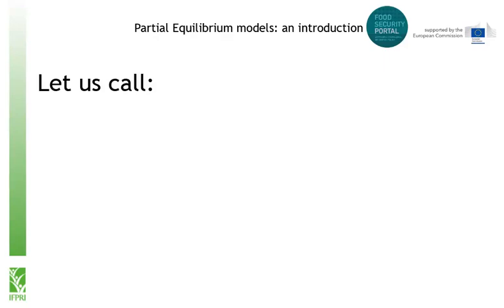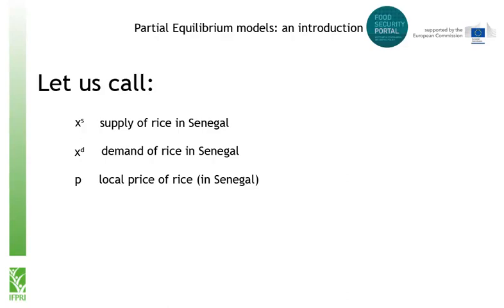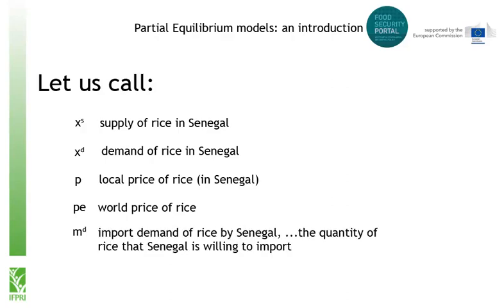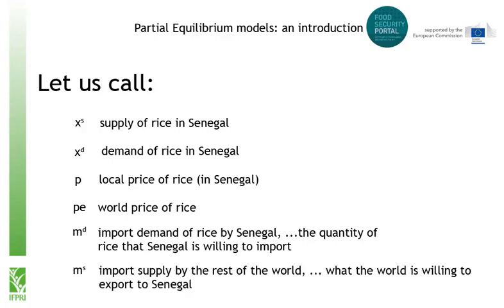So we call XS the supply of rice in Senegal, XD the demand of rice in Senegal, P is the local price of rice in Senegal, PE is the world price of rice, MD is the import demand of rice by Senegal. So it means that it is the quantity of rice that Senegal is willing to import. And MS is the import supply by the rest of the world, which means this is what the world is willing to export to Senegal.